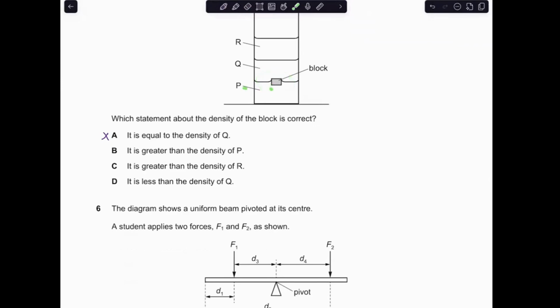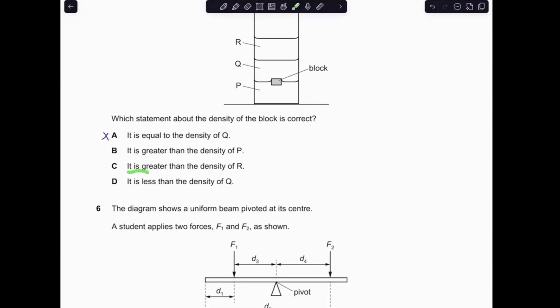That the density, if it were greater than the density of P, then the block would have gone all the way down. It would have sunk. But because it's not sinking, B is not true.